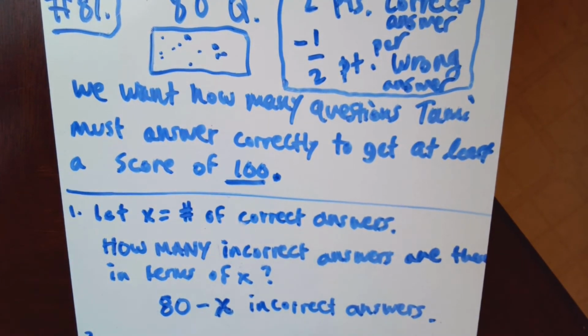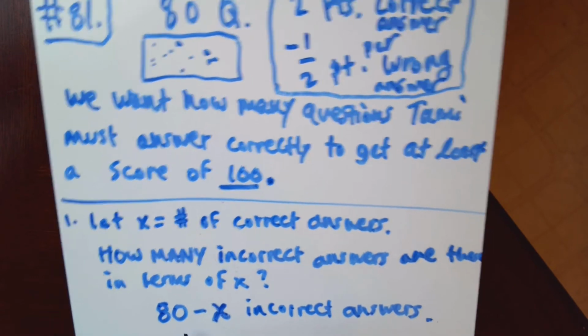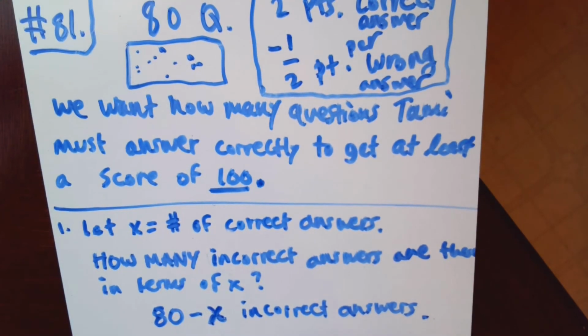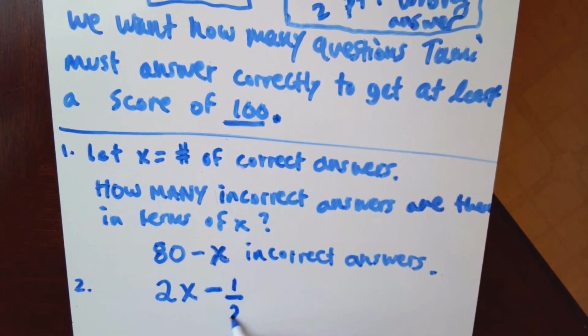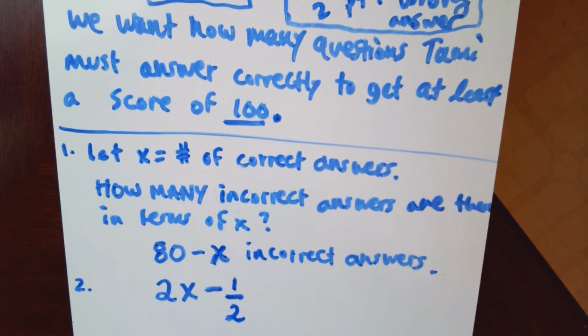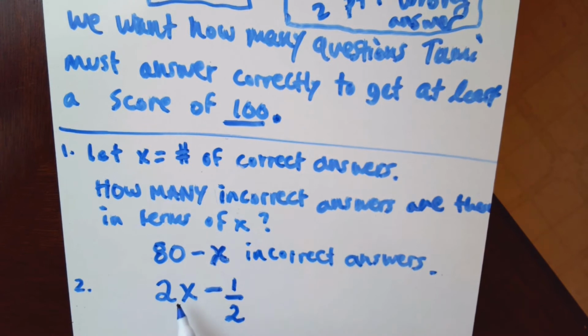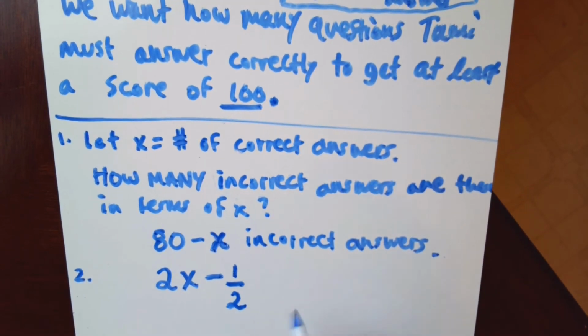The points we get should be given by this expression: 2x, which is how many points we get from correct answers. And then we have to deduct, so minus 1/2 times the number of incorrect answers. But we just said the number of incorrect answers is 80 minus X.